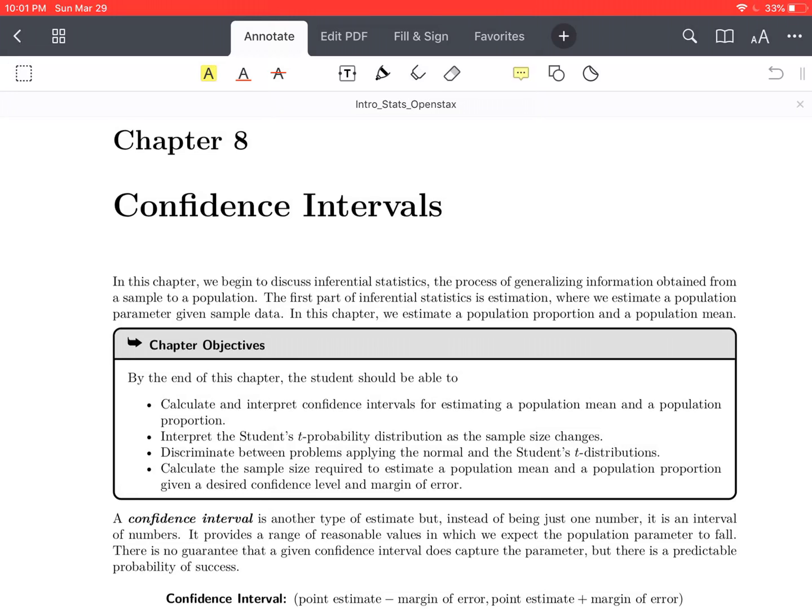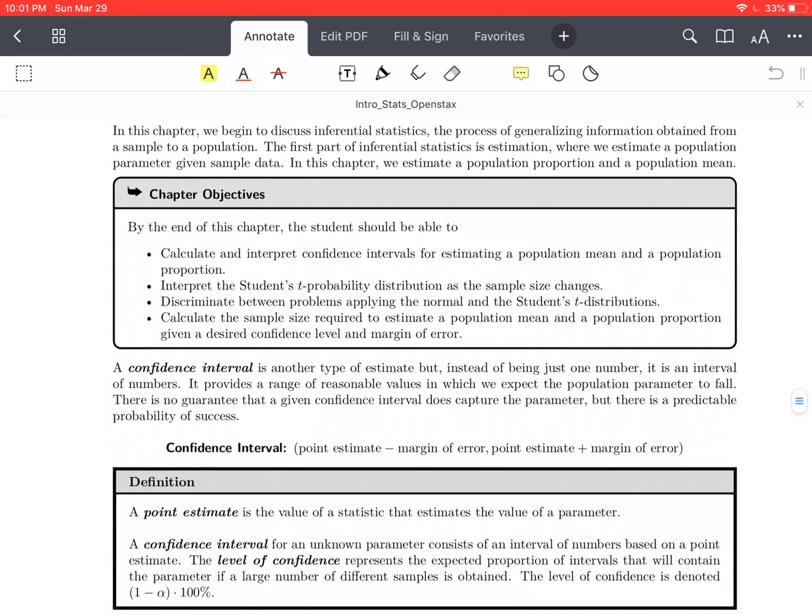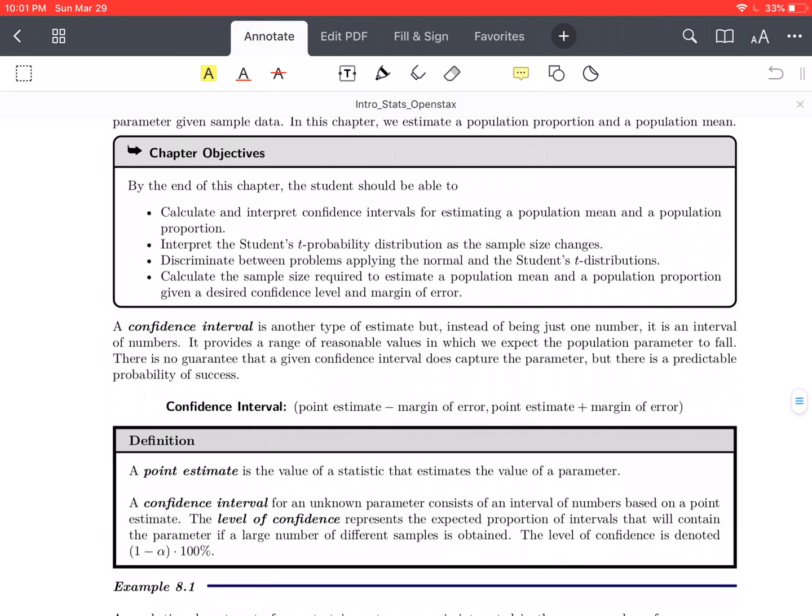So a confidence interval is a type of estimate, like one we've been seeing, but it gives us a particular level of confidence in our values, our answers.